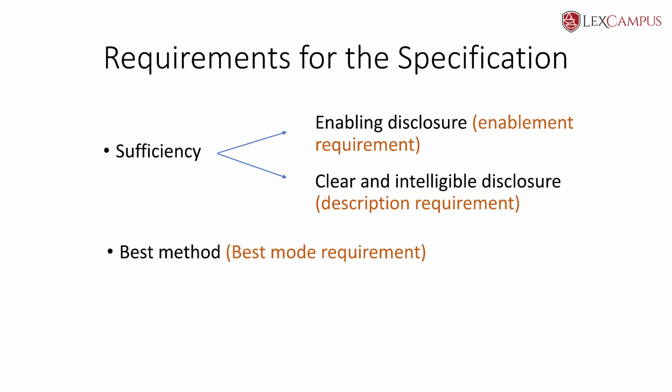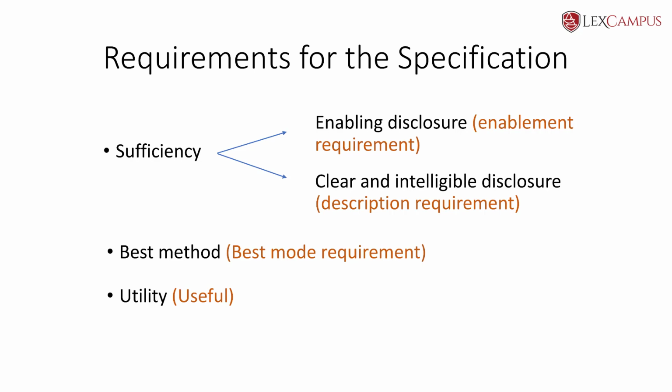Apart from the sufficiency and best method requirement, you also have the utility requirement, which means the fact that the invention is useful should come out in the description. So the descriptive part of the specification, by which we mean the parts other than the claims, should satisfy broadly these three requirements: sufficiency, best method, and utility.